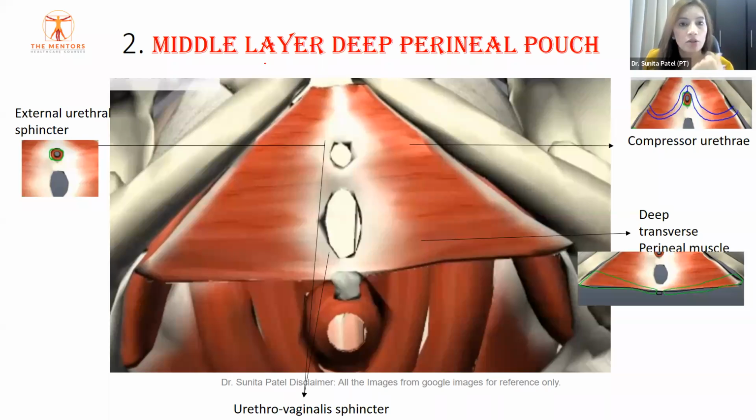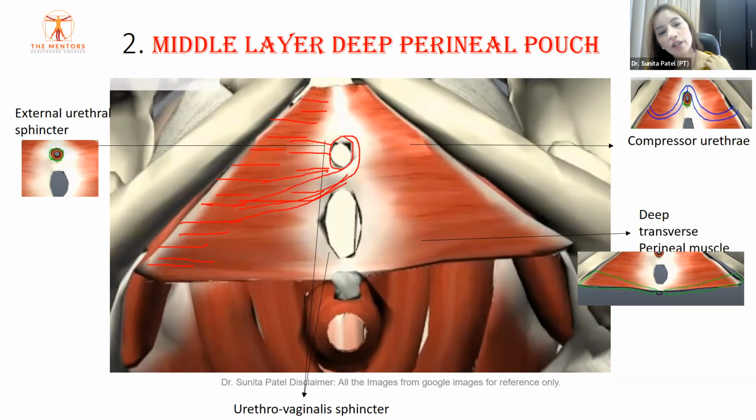So the middle layer, we also call it the deep perineal pouch. In this deep perineal pouch, the muscle will originate from this side, the bony prominences, all the way, and they are going to merge around the canals. More merging will be around the urethral canal, like this.